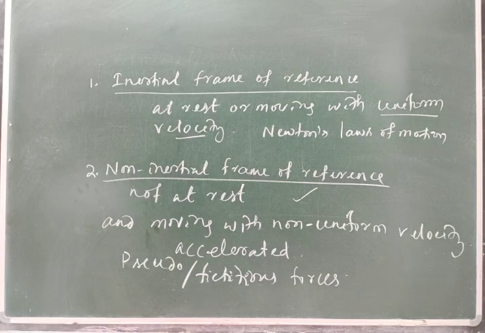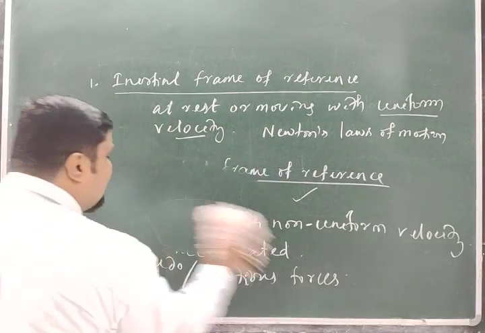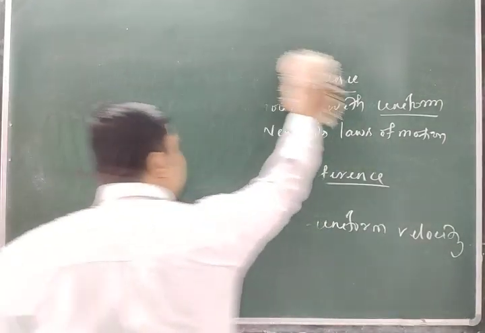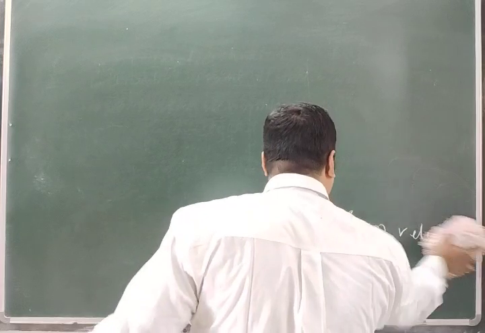Now we'll go to the question: is the earth an inertial or non-inertial frame of reference? Already I have given the explanation for that. Yes, the earth is not at a uniform velocity.